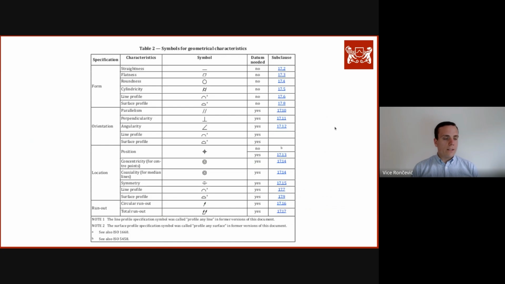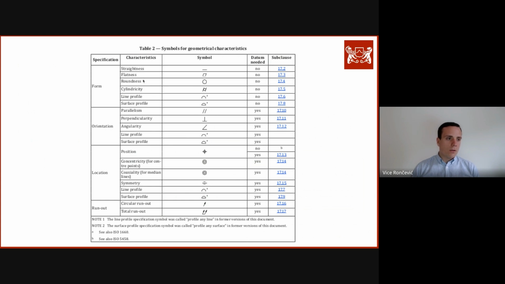Exactly. So for the plane-to-plane distance, you will not be seeing any of these symbols that you can see here, because I have limited myself only to the geometrical characteristics, the ones describing some kind of geometrical relationship between the different sections on the component.